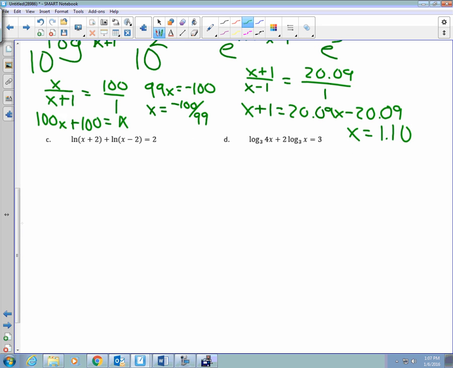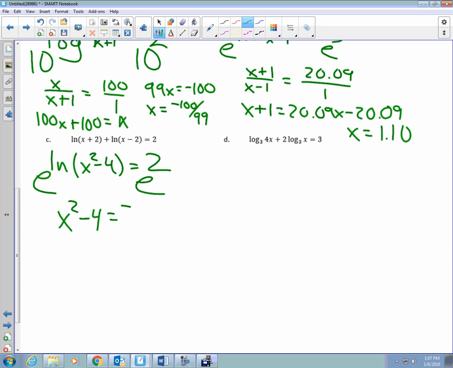Multiply. So natural log of, what is x plus 2 times x minus 2? x squared minus 4. How do I get rid of the natural log? Base of e. What's e squared? Add the 4. x squared is 11.39. Square both sides.